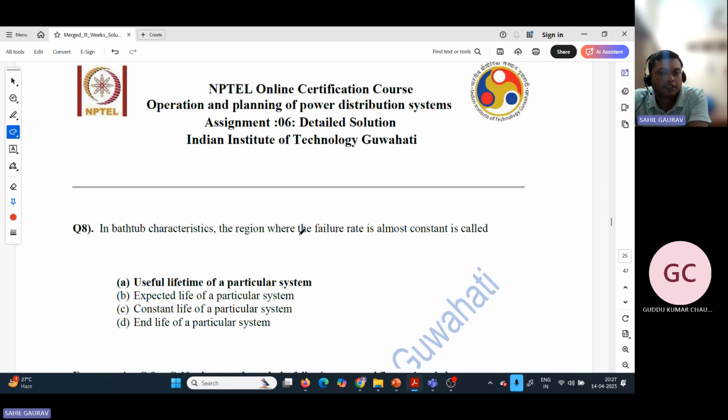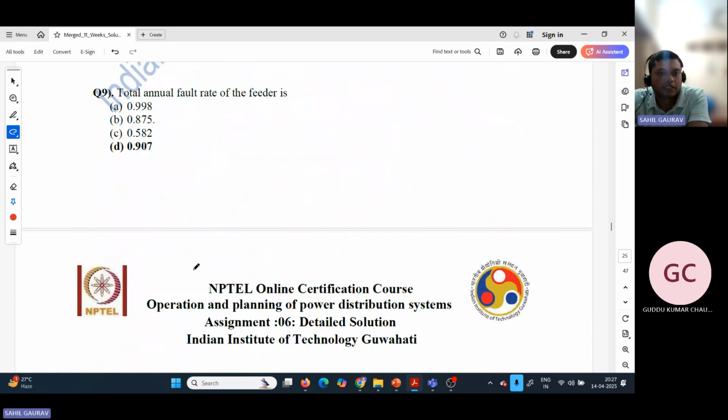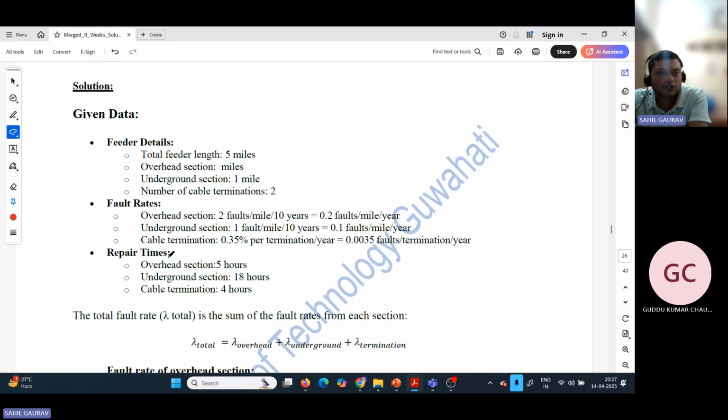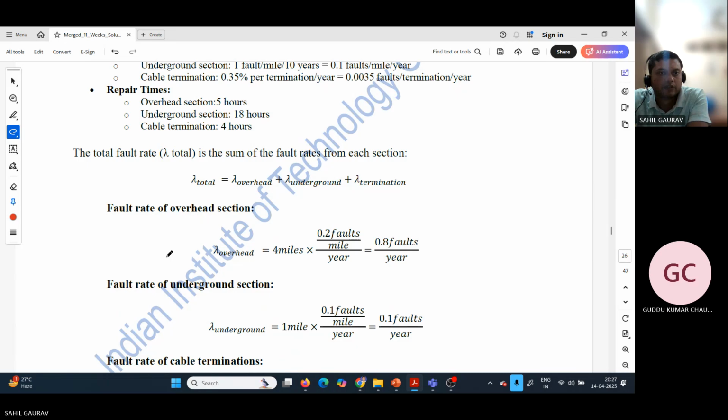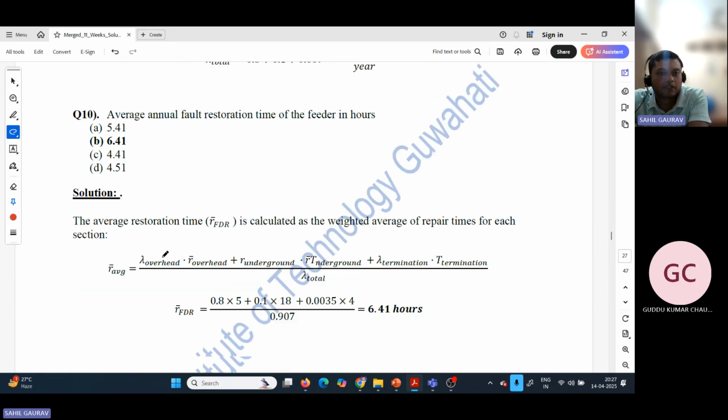In the bathtub characteristics, the region where the failure rate is almost constant is called the useful lifetime of a practical system. So questions 9 and 10 are a combination of series and parallel systems, so you can find that.